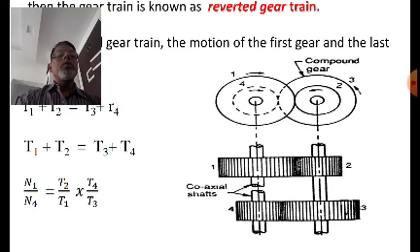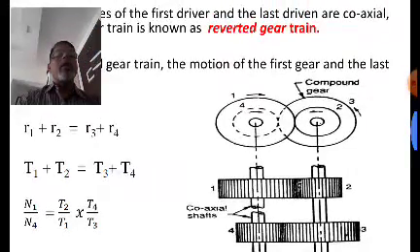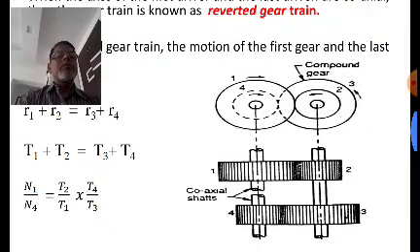So R1 is equal to M T1 divided by 2. Similarly R2 is equal to M T2 divided by 2, R3 is equal to M T3 divided by 2, and R4 is equal to M T4 divided by 2. If you substitute these values, M divided by 2 is common and will get cancelled. So T1 plus T2 is equal to T3 plus T4.